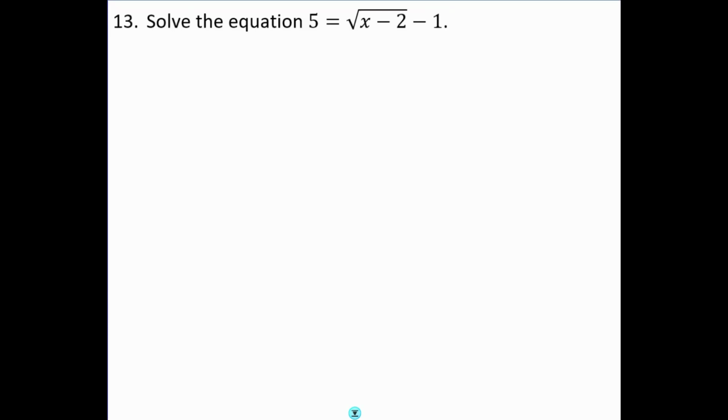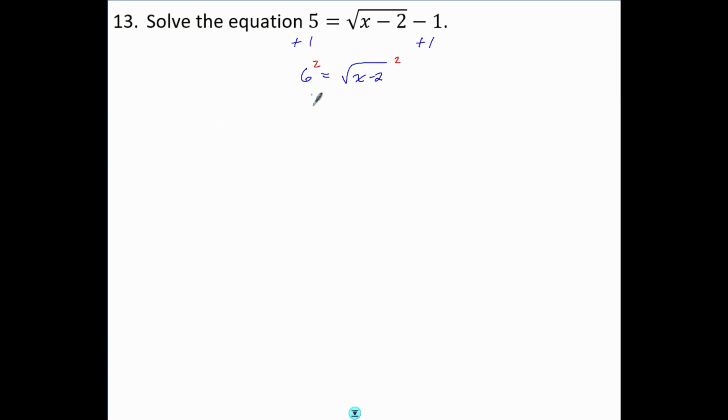All right, here we just need to solve the equation that's given. So we're going to add 1 on both sides. And 5 plus 1, we're going to get 6 is equal to the square root of x minus 2. And then the inverse of square root, that's where we're going to square each side.